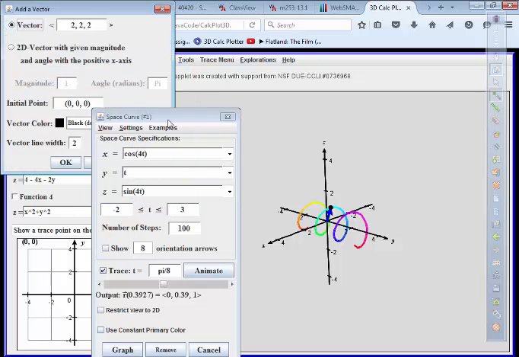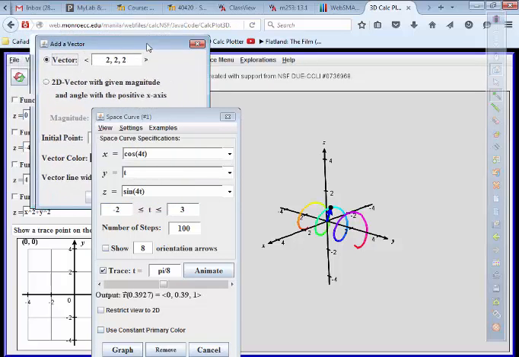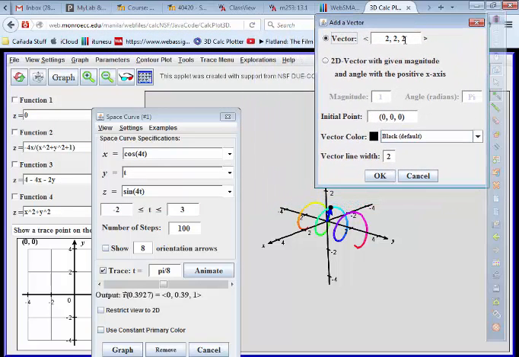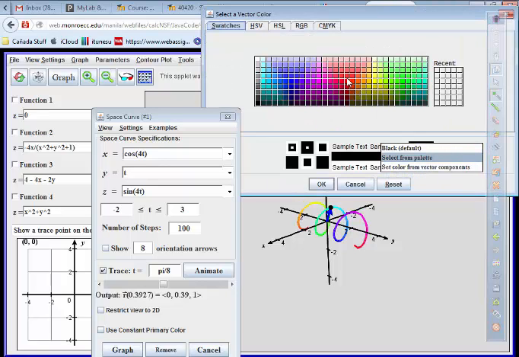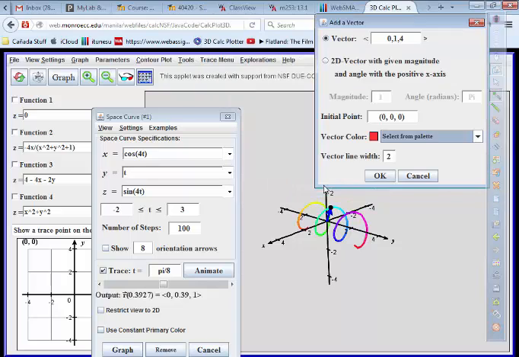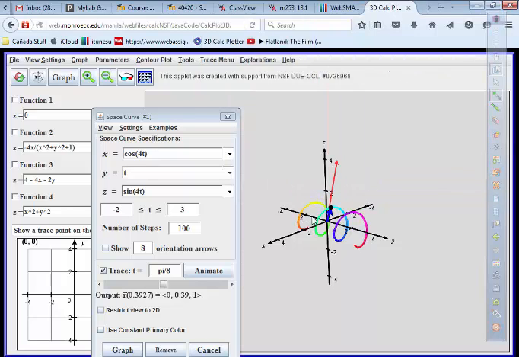Add a vector. The vector that we want to add is, what's that first vector that we had at t is equal to 0? 0, 1, 4. So let's draw this in red. If I were to draw this vector, I would get this vector that looks like that.